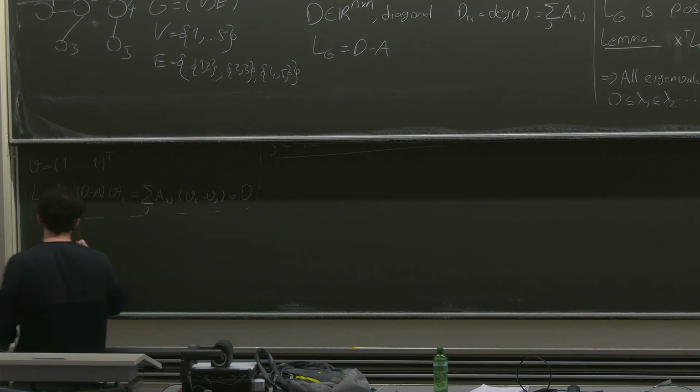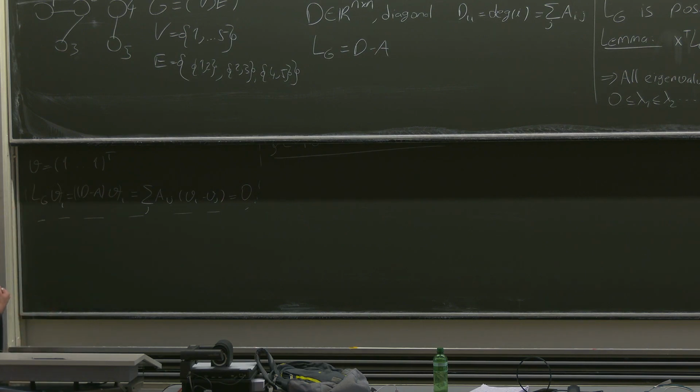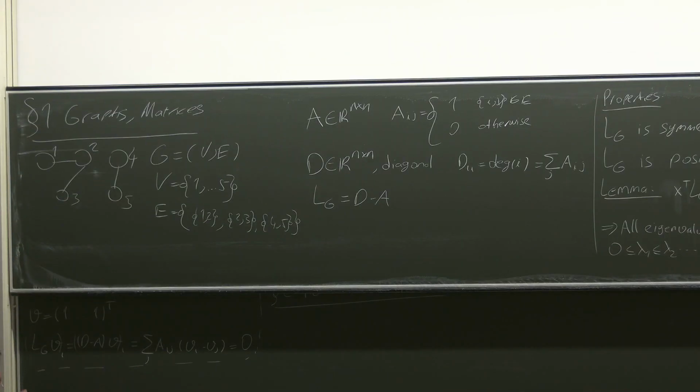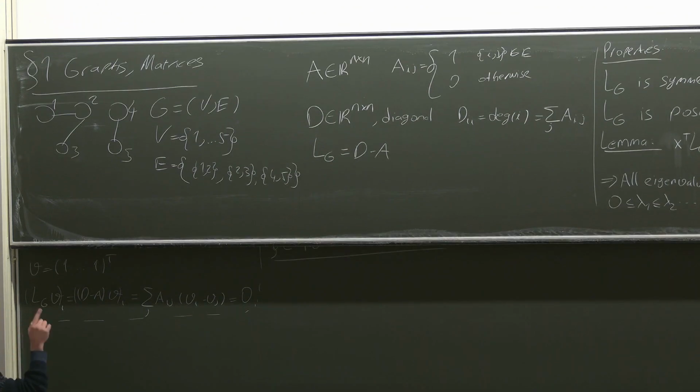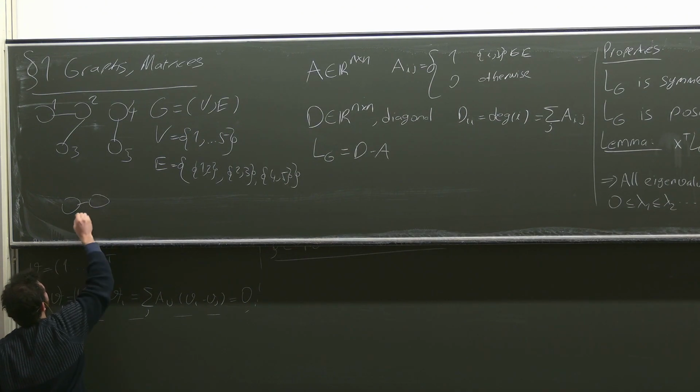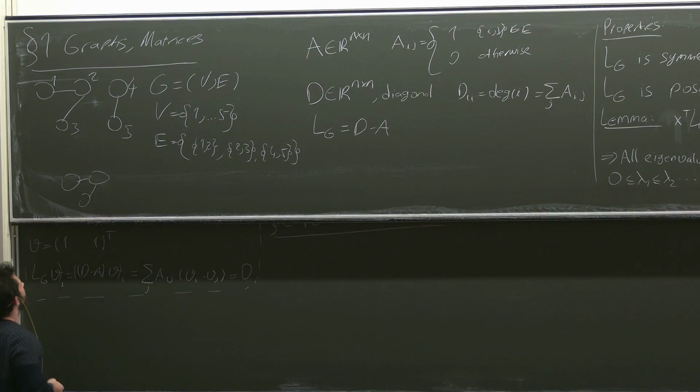A graph is connected if any two nodes are reachable from each other by walking through the edges. For example, if we consider this graph, then any two nodes are reachable from each other by just walking through the edges. So there's a path between any two nodes.